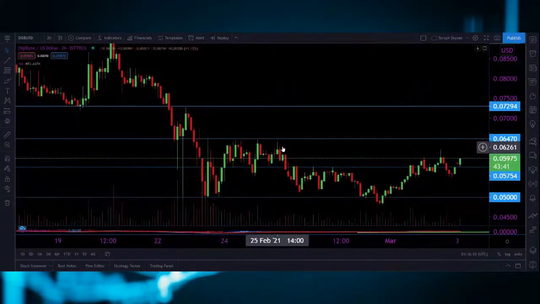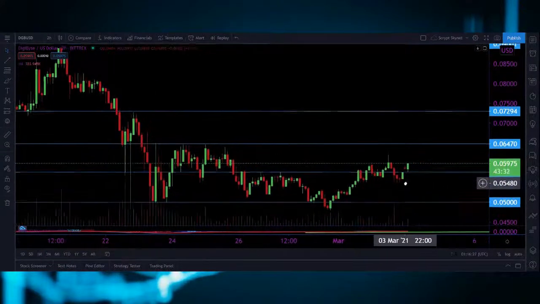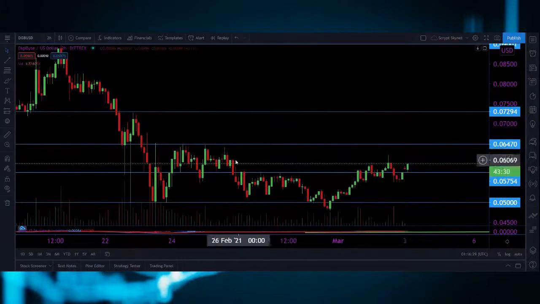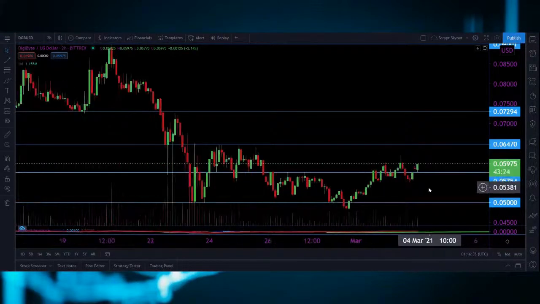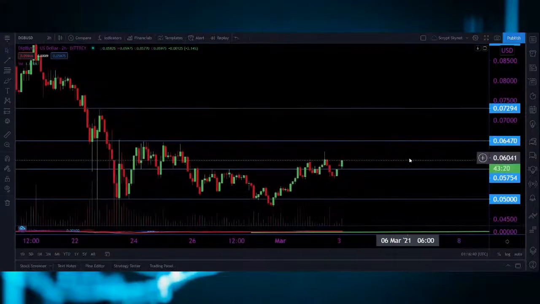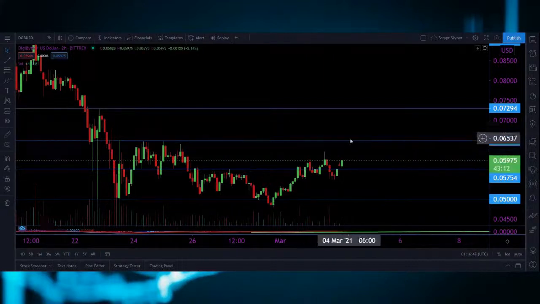We've got to get above 6.5 cents, 6.48, to get a higher high. Now it could take 4 days. But if we get rejected on this, it's okay, because then we just test this for support again at 5.75 of a cent.